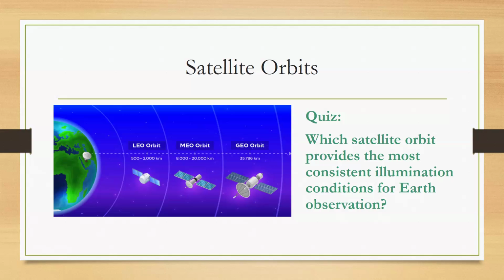You just always know they pass at that same local time. So they are sun synchronous orbits. And by that property, it is the same sun condition when they are passing any given Earth location.